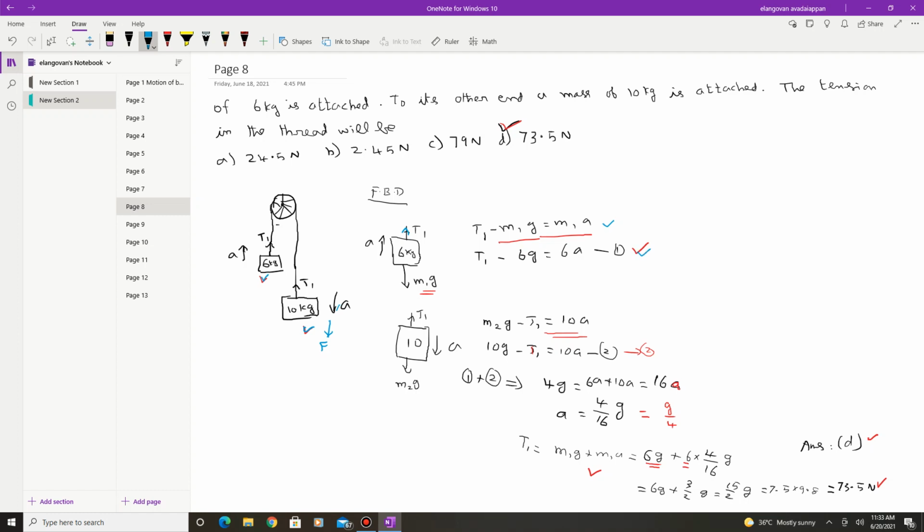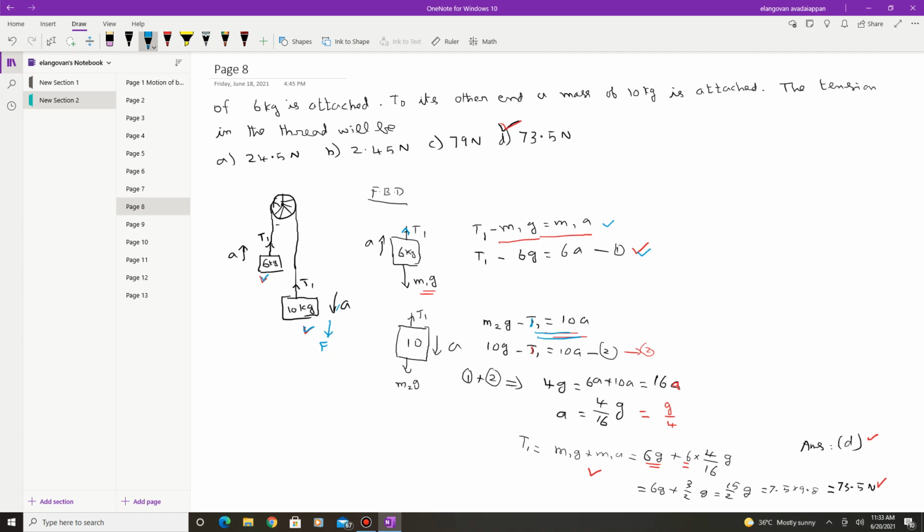Now consider the second block, the mass is 10 kg. T1 is acting upwards, and m2g due to gravity is acting downwards. So the equation of motion is m2g minus T1 is equal to 10a. So this is equation 2.